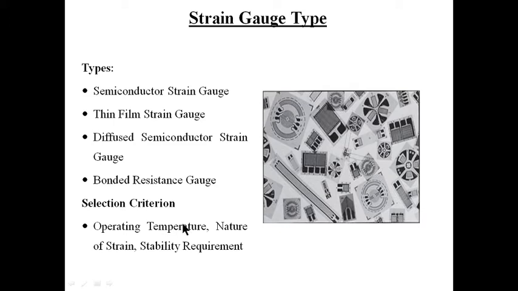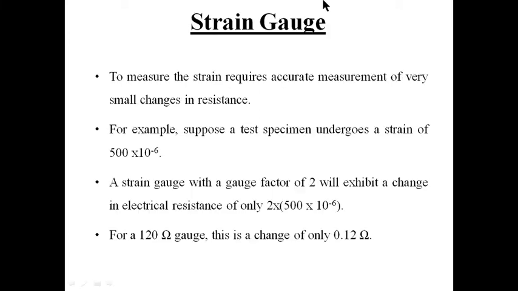The selection criteria of strain gauges depend on operating temperature, the nature of strain, and stability requirement. To measure strain using a strain gauge requires accurate measurement of very small changes in resistance. For example, suppose a test specimen undergoes a strain of 500 times 10 to the power minus 6, meaning 0.005. A gauge of gauge factor 2 will exhibit a change in electrical resistance of only 2 times 0.005.